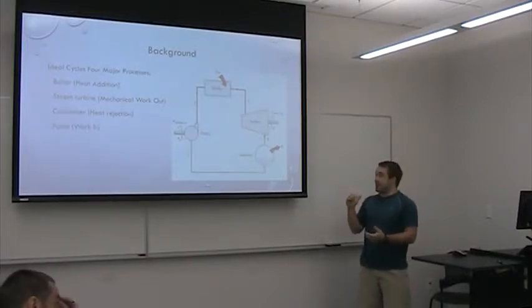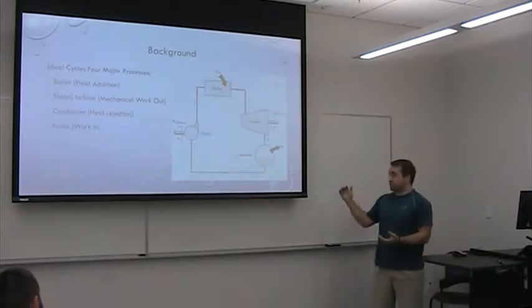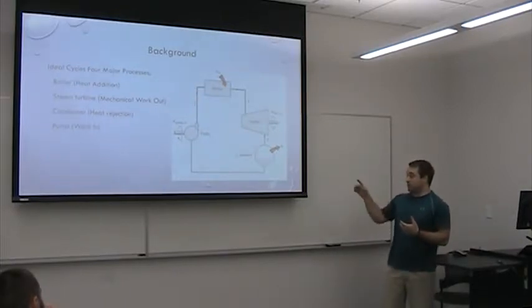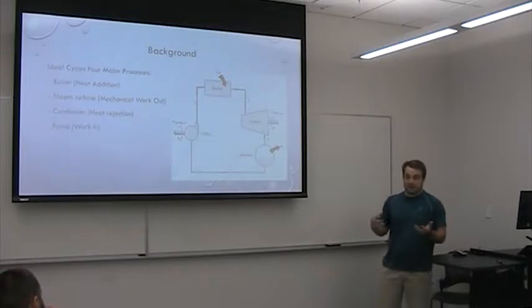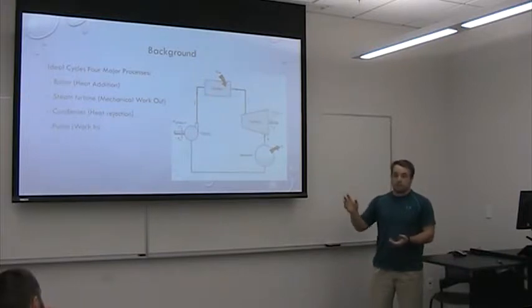After it leaves there, the steam doesn't have enough energy to produce more power. So it goes into a condenser, where it will lower the temperature and the pressure of the steam until it converts back into liquid water. And to get that liquid water, which has very low energy, back into the system, it gets put through a pump and sent back to the boiler.